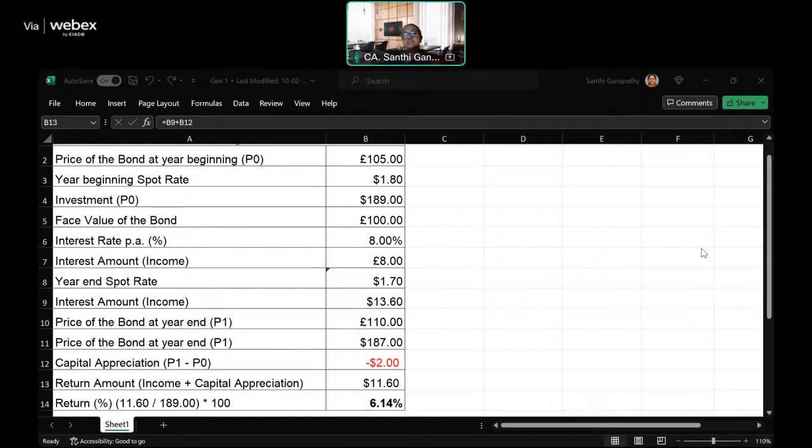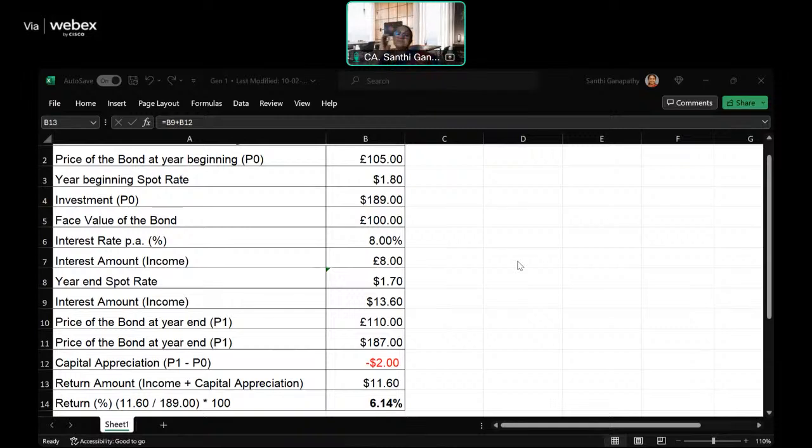Here we are talking about investment in a bond, but a foreign investment. Income plus capital appreciation. Since it's a bond investment, interest is the income. Had it been equity investment, dividend would be the income.